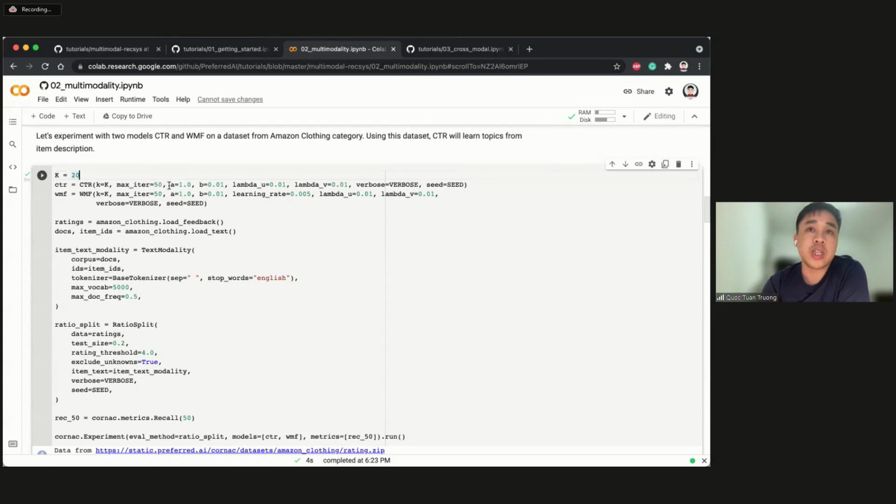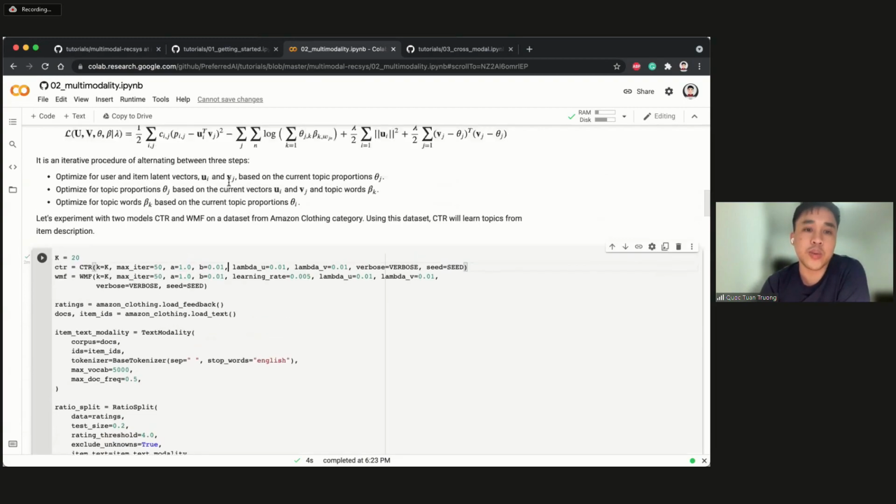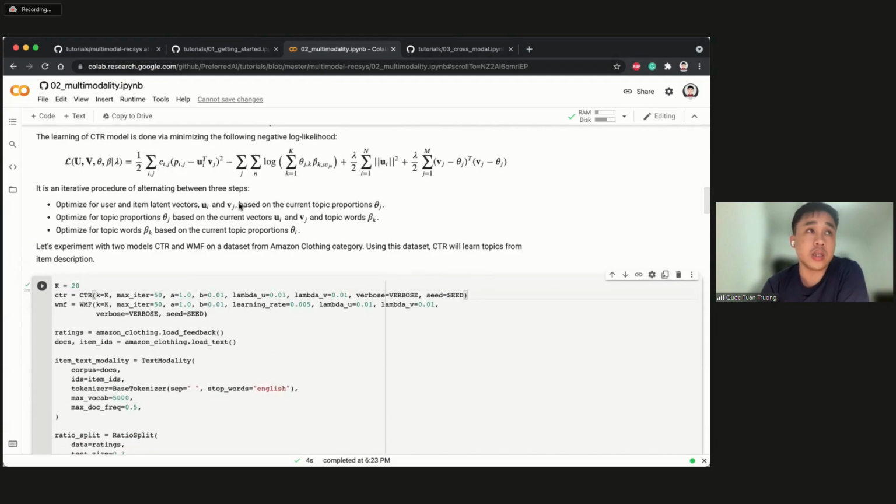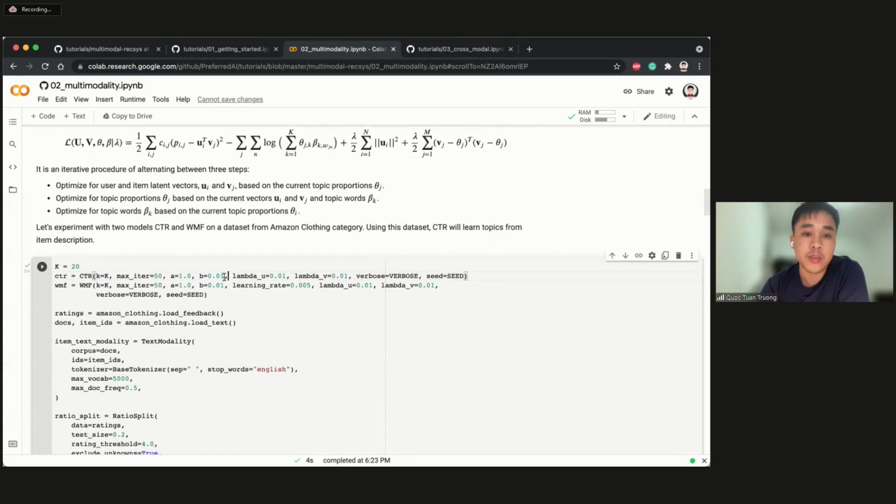So here we train each model for 50 epochs through our data. The hyperparameters a and b here characterize the confidence score we presented when we talked about the weighted matrix factorization. This is actually a core part of it: the confidence when we talk about the variance of estimating the adoption of the item by the user. The rest are basic hyperparameters.